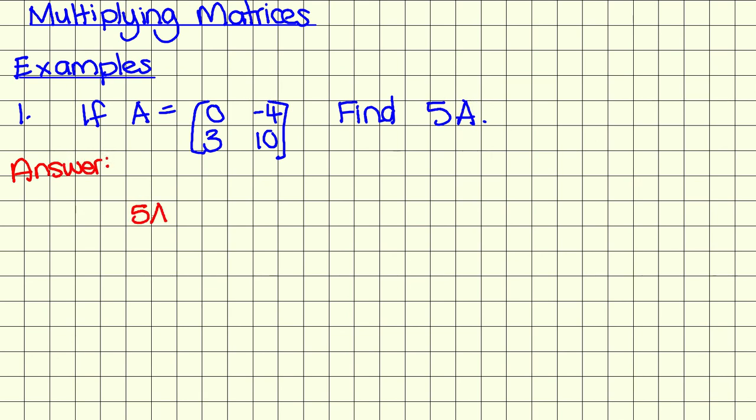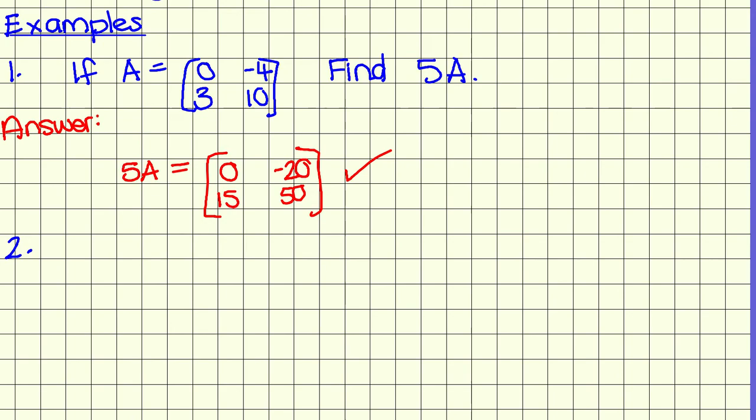It's just as straightforward as multiplying every single thing in that matrix by 5. So 5 times 0 is 0. 5 times -4 gives you -20, and then on your bottom here, that gives you 15 and 50. And then that's you done. So that's the easiest one. If you're multiplying a matrix by a set number, then you just multiply everything by that.